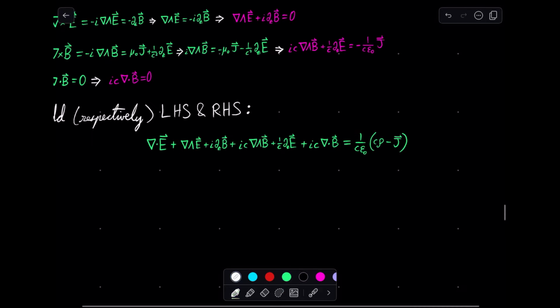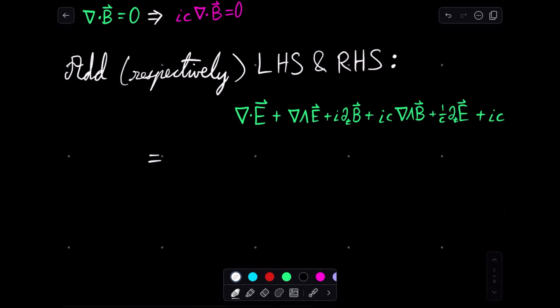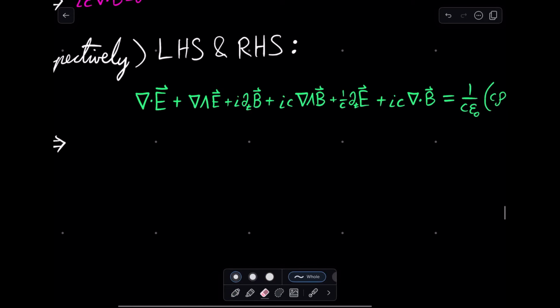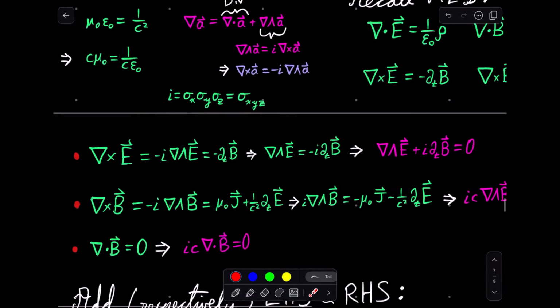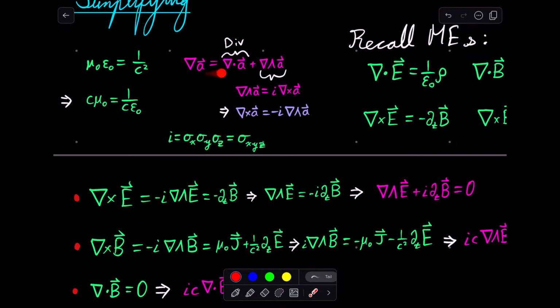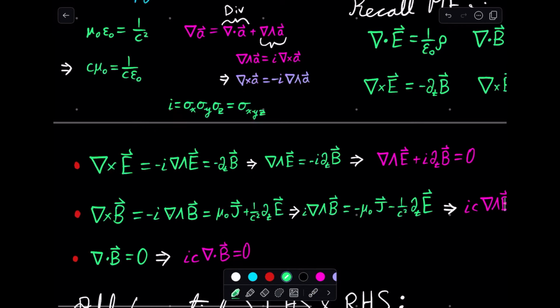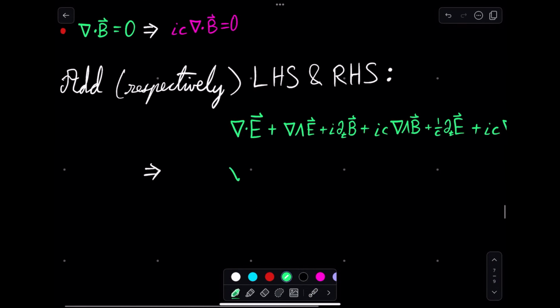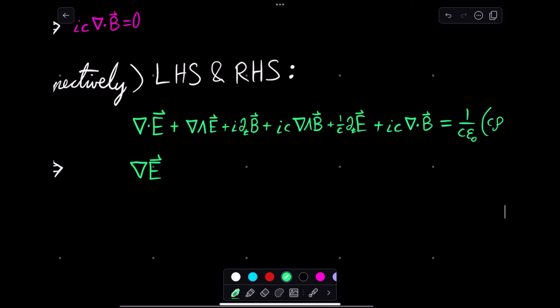So that is what we have. Now we can start to simplify the left-hand side of the equation. So we can see that from this right here, we have the divergence and the wedge curl of the same vector field, which is E. Well, by the definition up here, by this identity in geometric algebra, we know it's just the gradient times that vector. So we can rewrite this as the gradient of E, and then we can do a similar thing here.